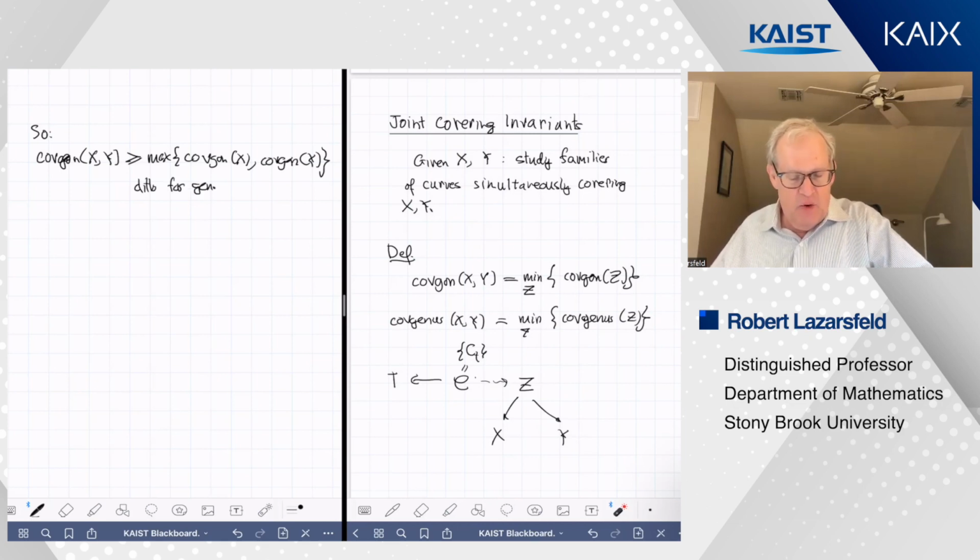To say that equality holds means that you can find a family of curves computing the covering gonality of X, say, that also covers Y. So in that sense, it measures the extent to which curves covering X are different or the same as curves covering Y. An instructive example here is to look at the case of abelian and K3 surfaces.